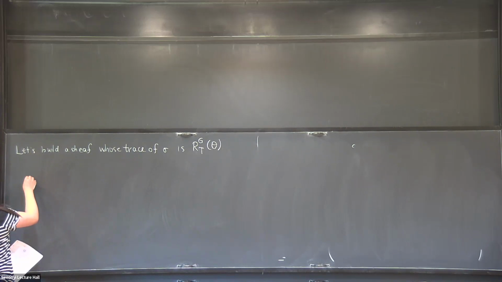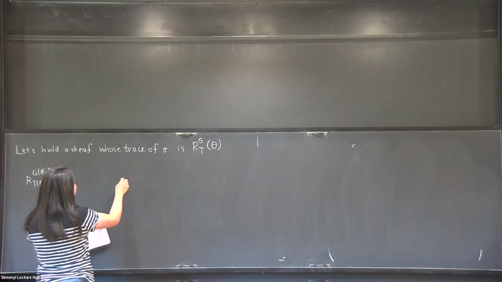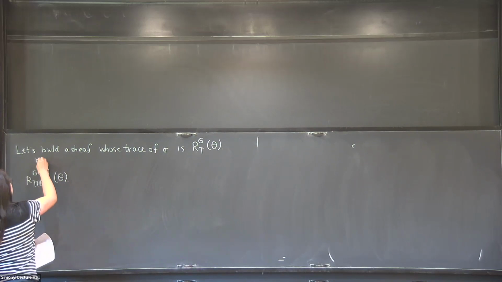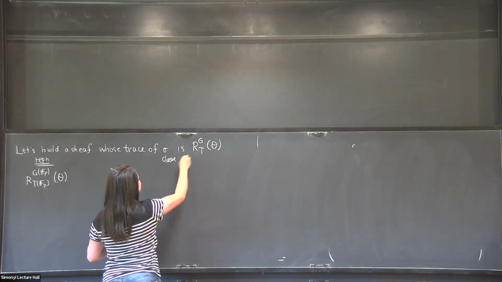So here, what's going on? So I take RT of FP, RG of FP of theta. We learned this week what the character formula of this is. What's the character formula? So this is a representation. This is a class function.